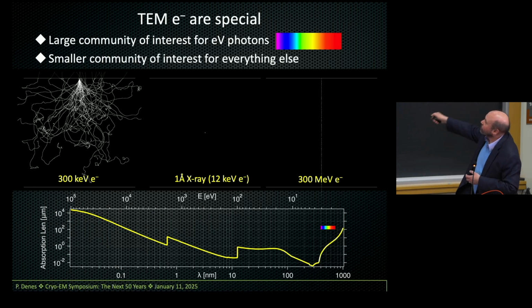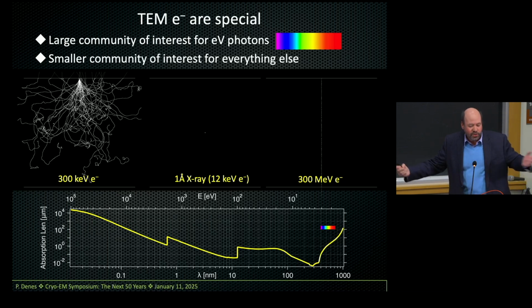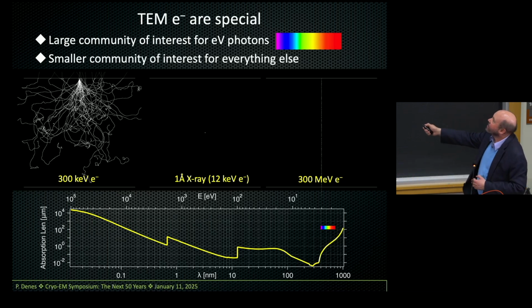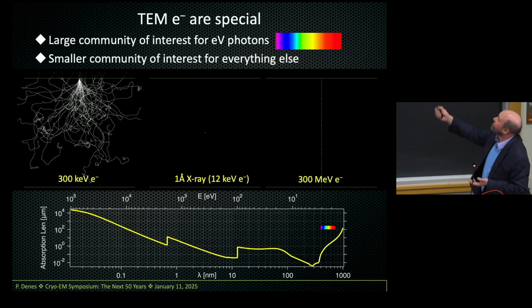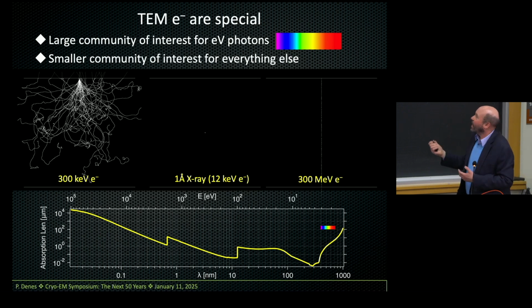Using X-rays, you've got pretty much the same variation, but over a much larger region. And a 1 angstrom X-ray, which is just another way of saying a 12 kilovolt electron, makes nice little, very isolated things in your sensor as opposed to the mess that a 300 keV electron does. And if you go to higher energy, things just go straight through. So electrons are different from visible photons, X-rays, high energy particles.